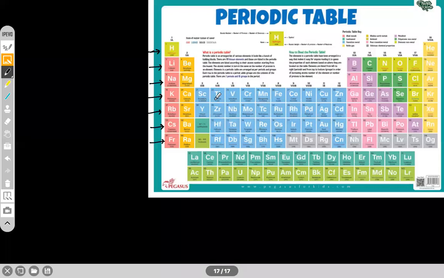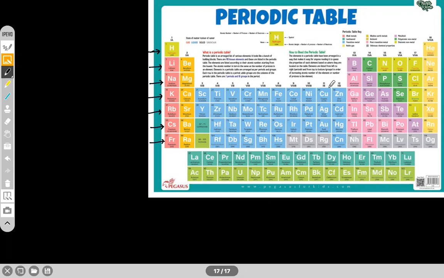Here you see these two groups, 1A and 2A, which were given in the Mendeleev periodic table, if you remember. The groups are classified into two subgroups, A and B. So this is 1A, 2A, and then the blue ones are B, 3B to 12B, that is 3, 4, 5, 6, 7, 8, 9, 10, 11, 12.